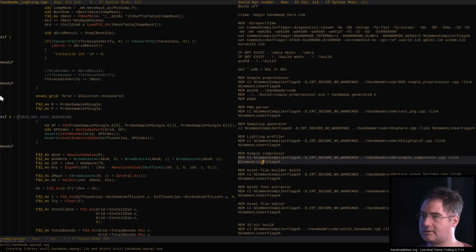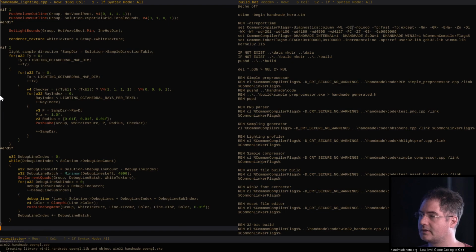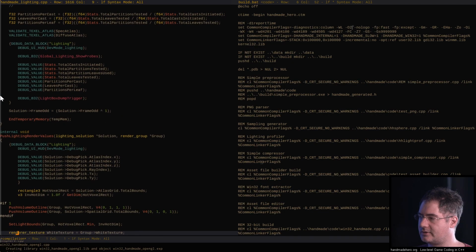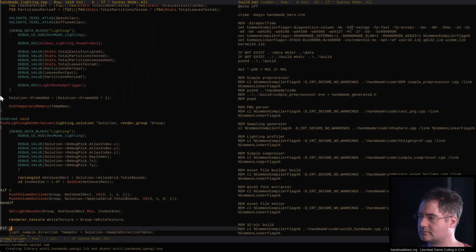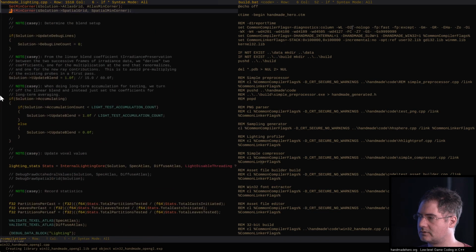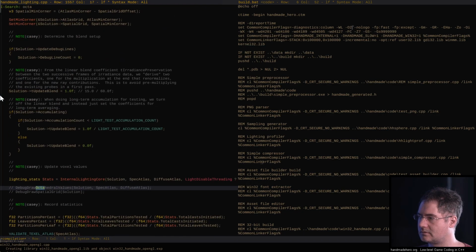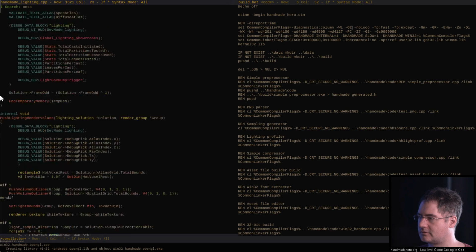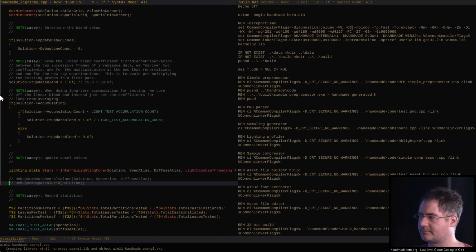Let me put this in O2 and simultaneously let me go and draw the actual cells again so that we can see them. We don't need this right now. Spatial grid, that's what I want. Draw spatial grid.